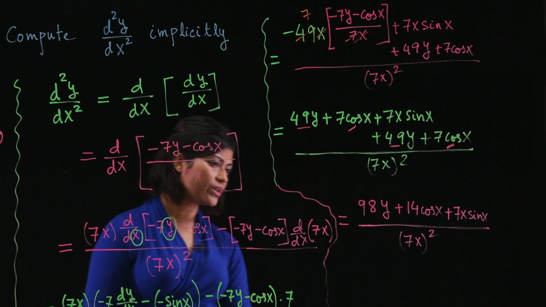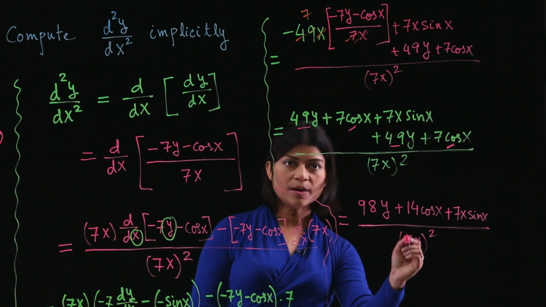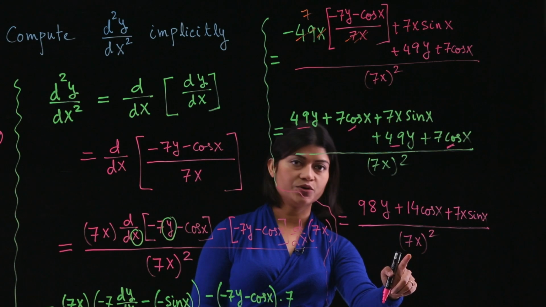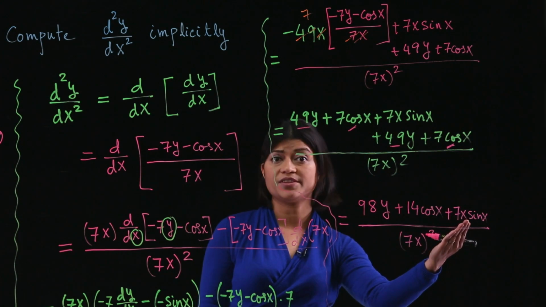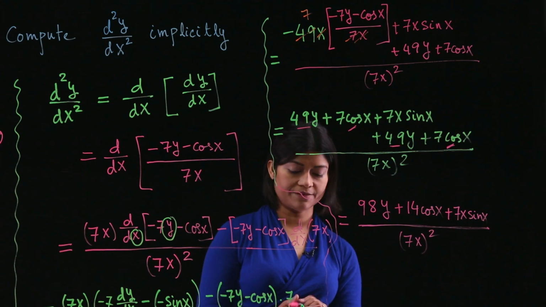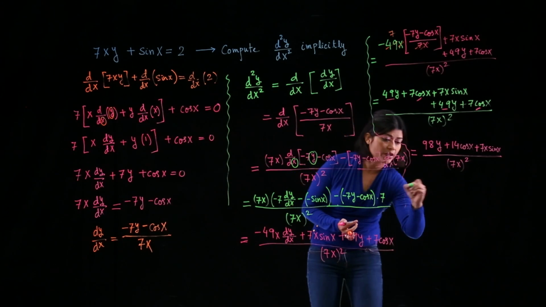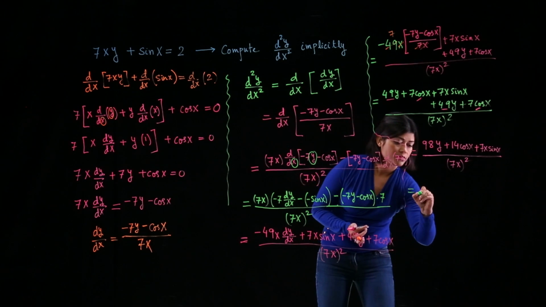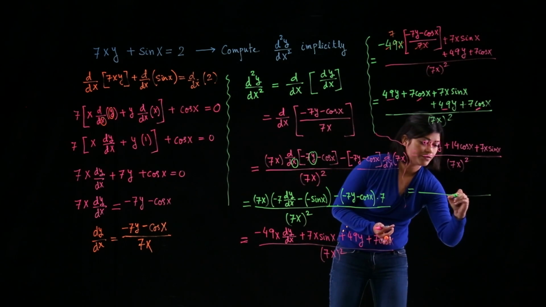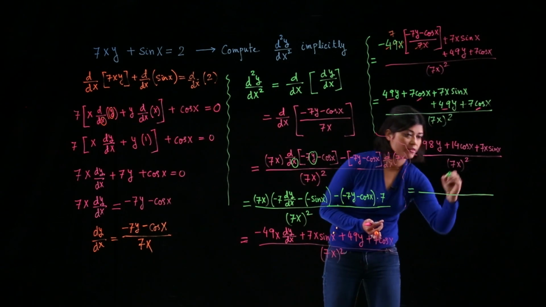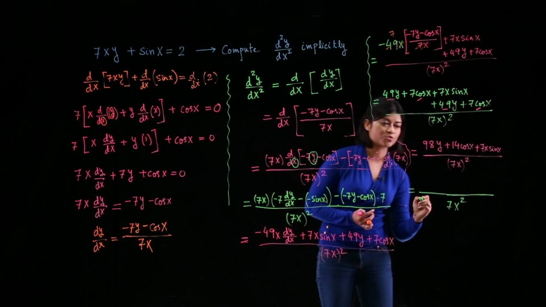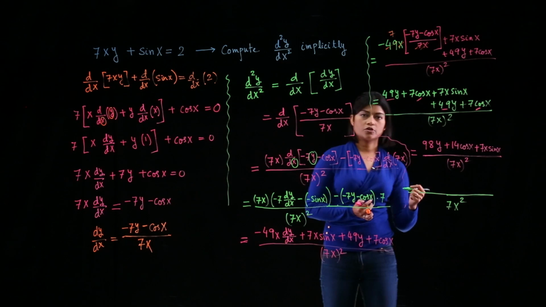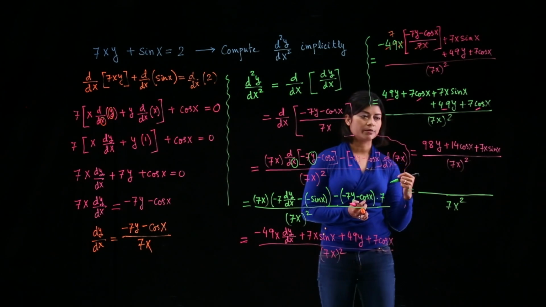If you want, you can simplify maybe one more step, because the denominator has a 49x squared, so you can cancel out at least one of the 7's because you have a factor of 7 in the numerator. So let's do that. In the denominator we have 49x squared, so let's keep one of the 7's, 7x squared, and then cross out one 7 from each term.